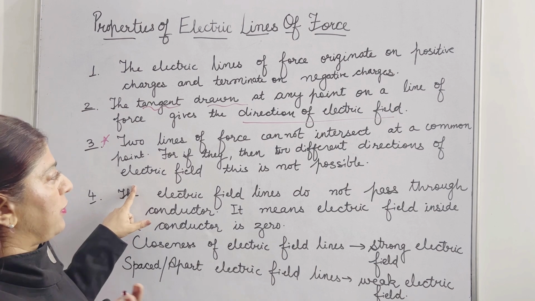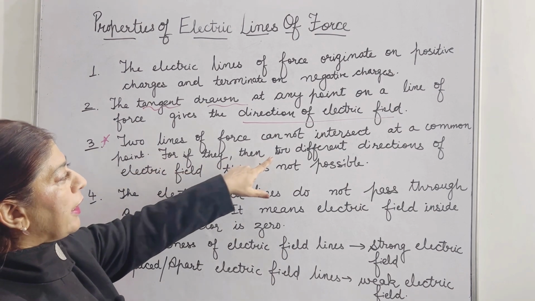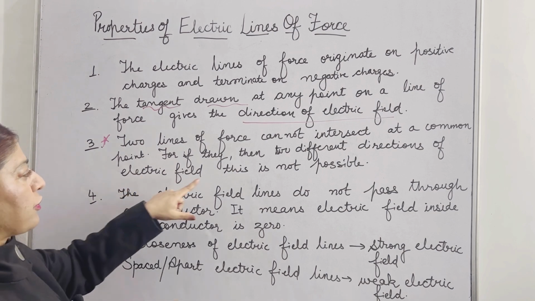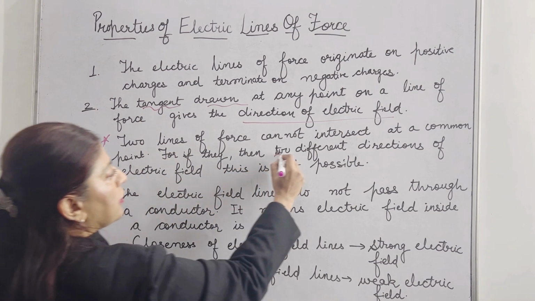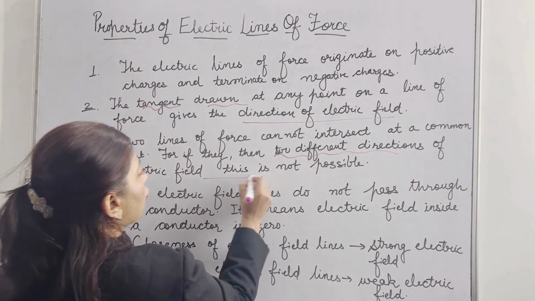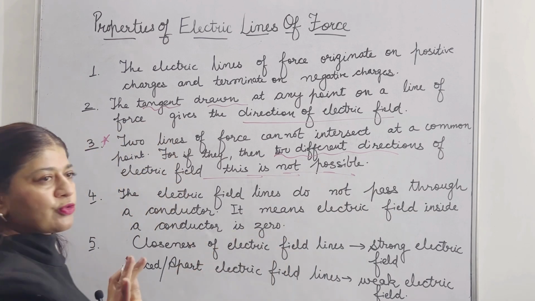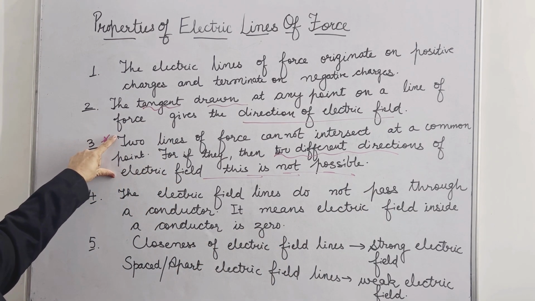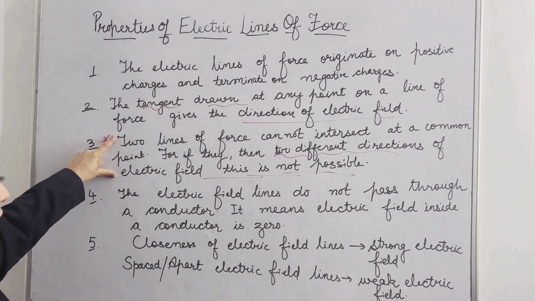That is not possible. Two different directions means two tangents of the electric field, and this is not going to happen. So this is the reason that two lines of force can never intersect each other.